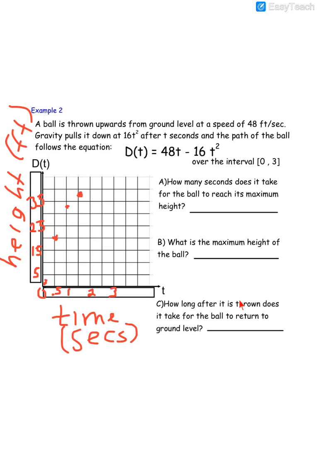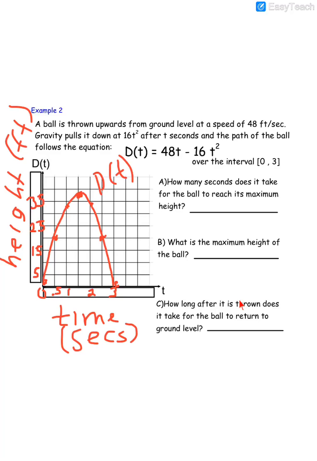Oh, a little bit lower. 2, 32. 2.5, 20. 3, 0. So we're going to connect. We're going to call this d of t. And we're going to answer the questions.